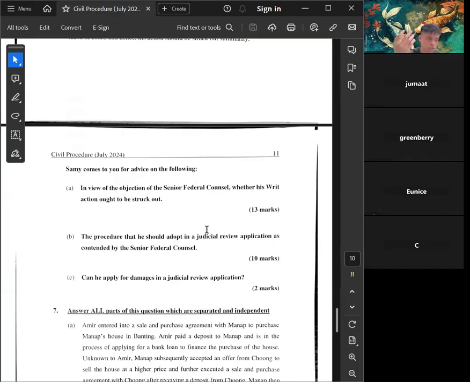Then Order 53, Rule 2 is your subsequent application for judicial review. You must make sure that leave of court is obtained before you apply for judicial review. Is that okay?